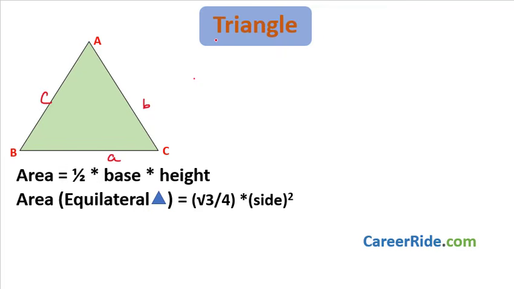Now, the next important shape for this chapter is the triangle. If I take a triangle ABC whose sides are A, B and C respectively, the area of this triangle can be found by half into base into height.